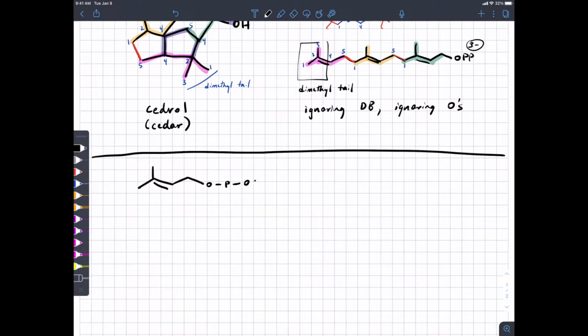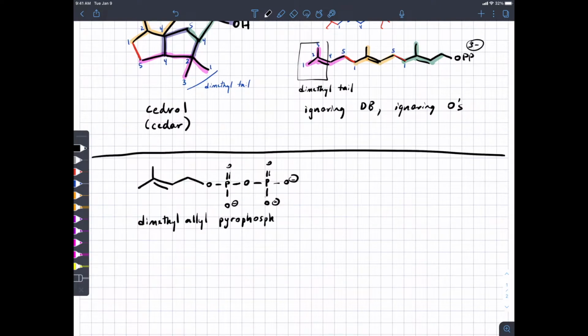The first is dimethyl allyl pyrophosphate. Your book will call it diphosphate. I'll call it pyrophosphate because that's what you call a group with the phosphoanhydride linkage between the two. Either terminology is okay.